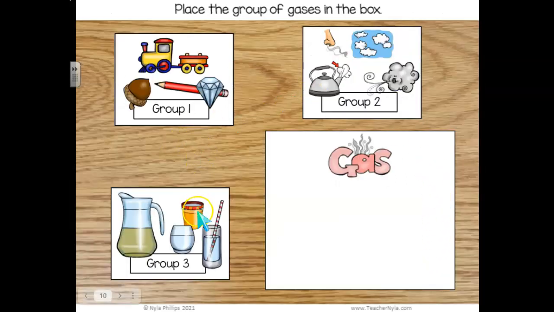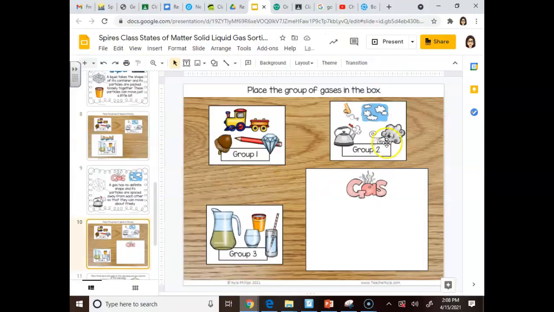All right, so which would be gas? Group 1, Group 2, or Group 3 pictures? Group 2, where you have wind, steam, you're breathing in air, and the clouds, the sky.